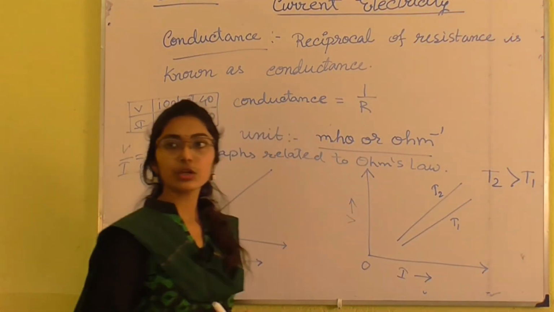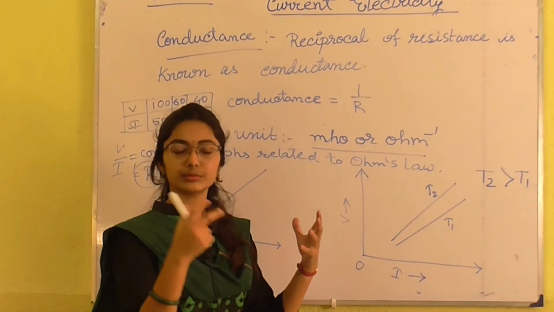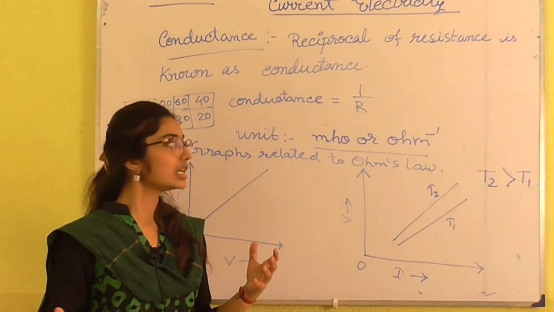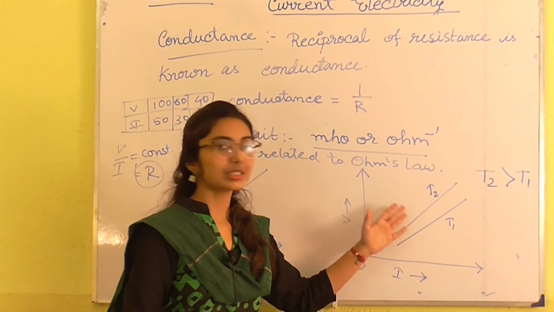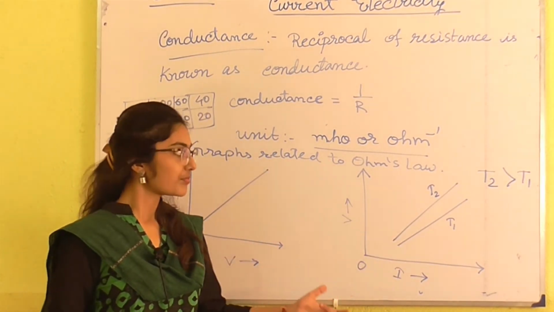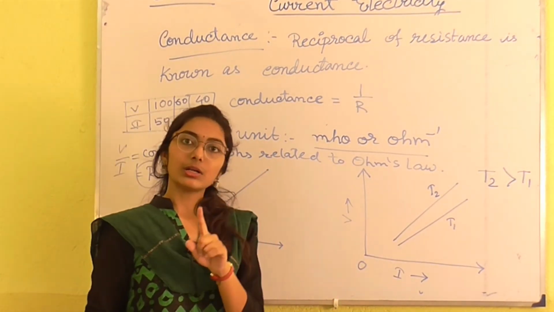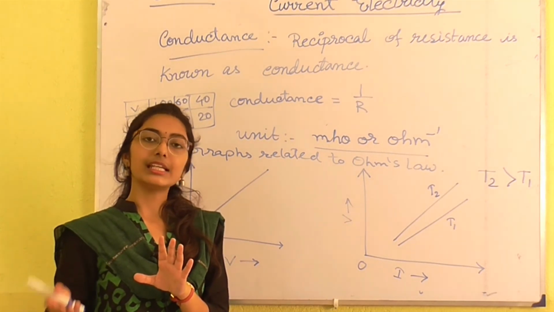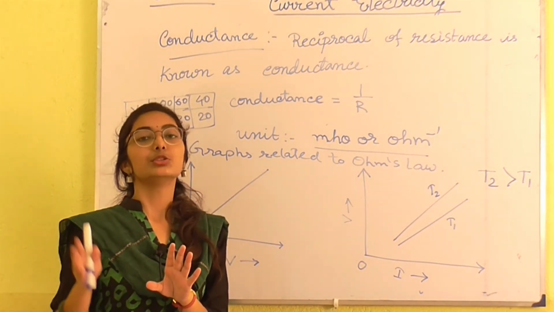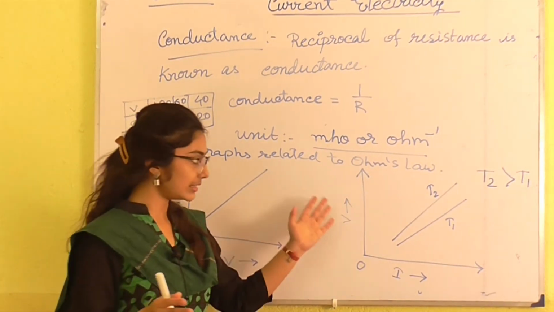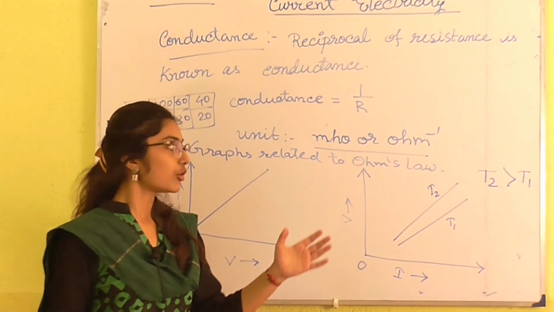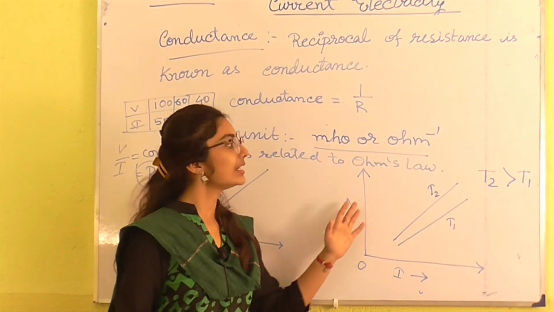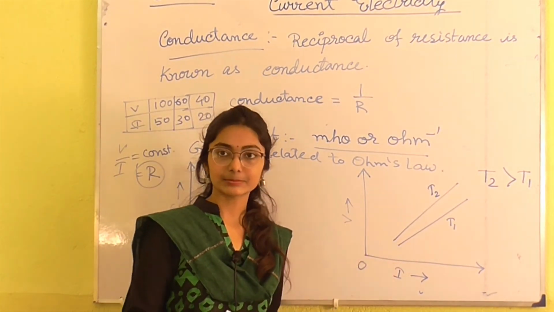As temperature is more, the resistance of the conductors is also more. So there are two graphs for these two temperatures. For a particular conductor, suppose a silver conductor, at two temperatures you will get two different results. The result of Ohm's law for V and I will be different for two different temperatures. That's why there are two different straight lines.